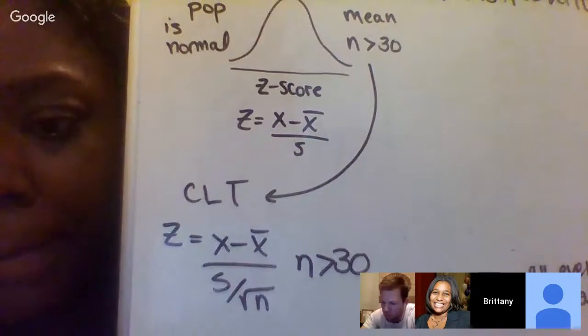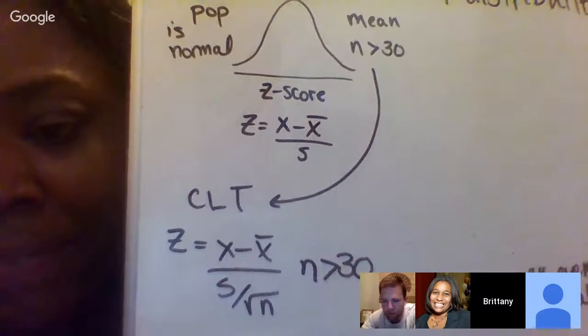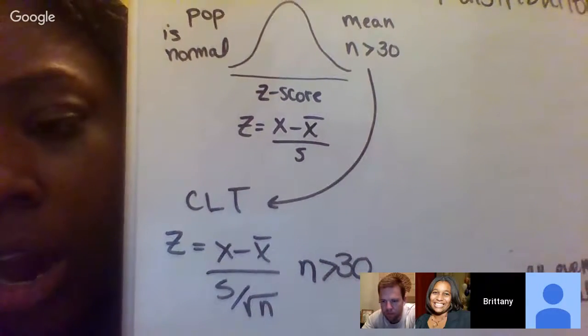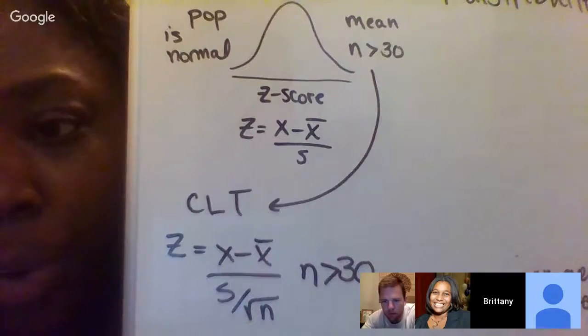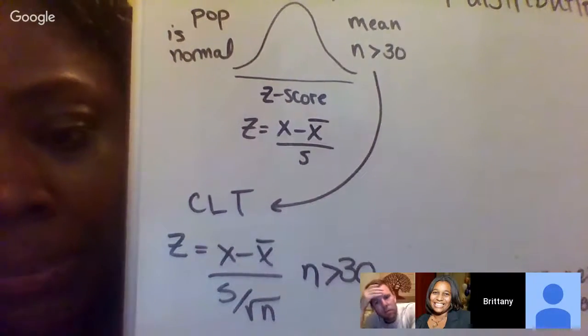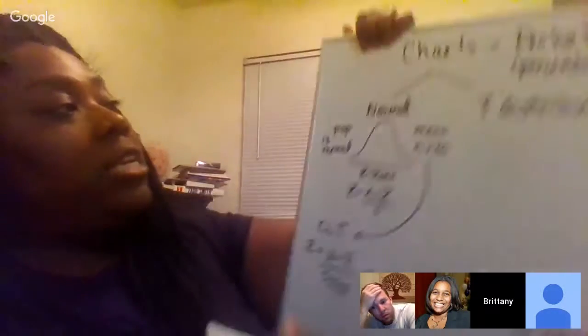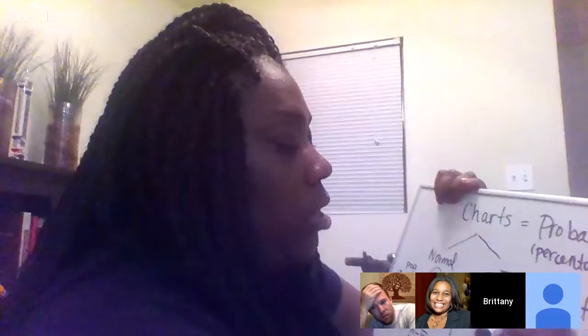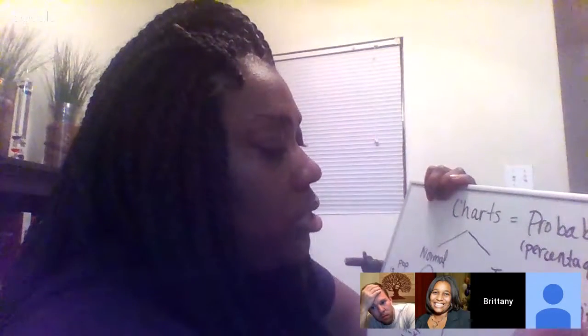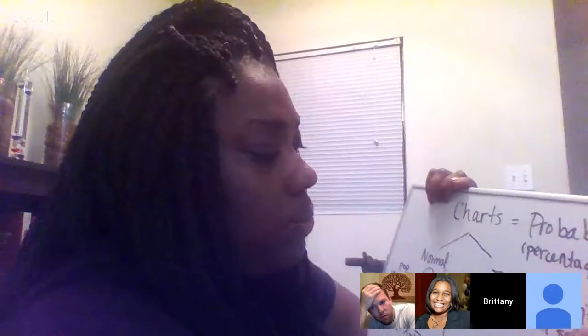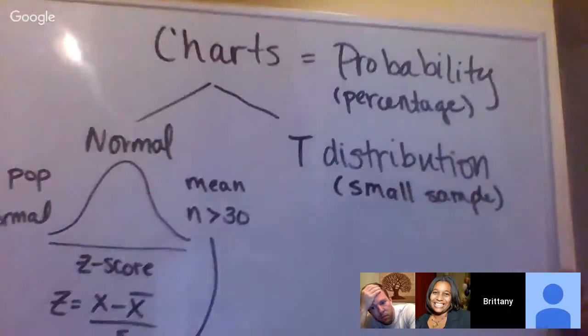And these two formulas that I have here for Z scores are for when we have a normal population or a sample greater than 30. Now, the T distribution is called the small samples distribution, over here on this side.